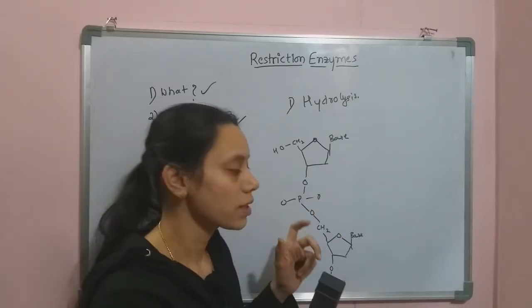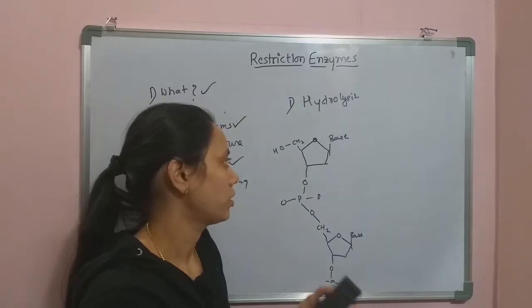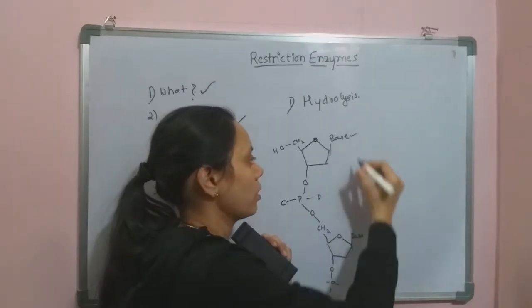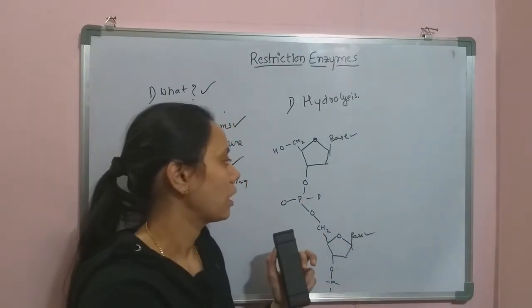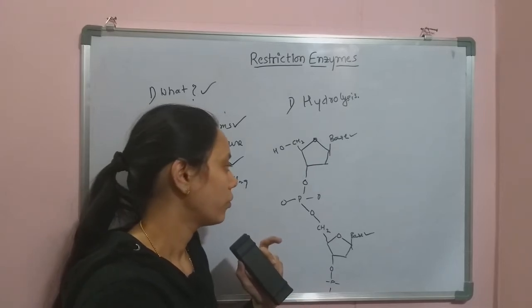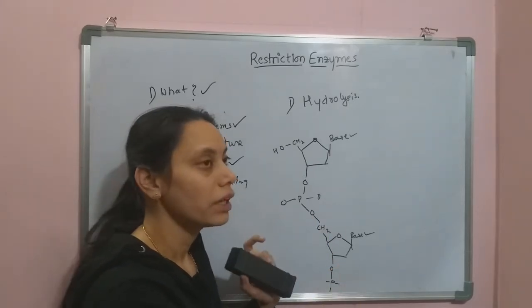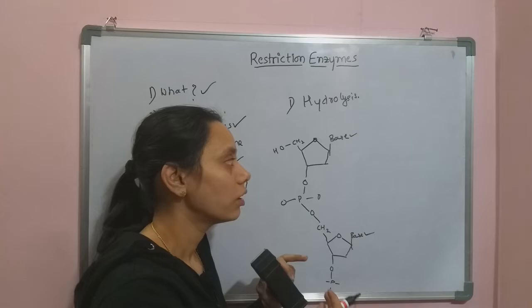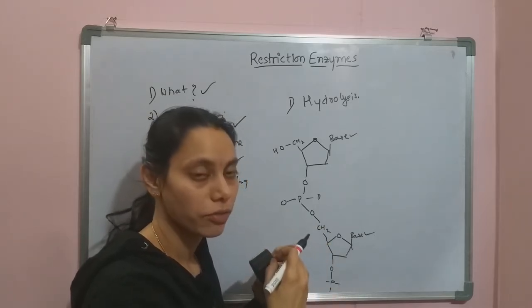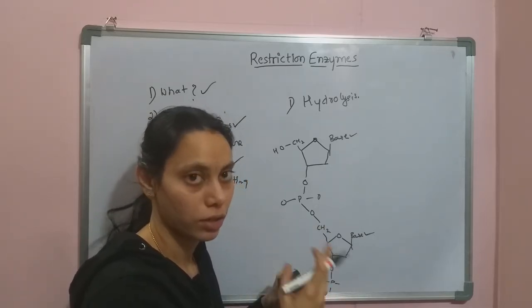So this is the structure of the DNA. That means here is a base and here is the other base, and let us consider it as the recognition site where the restriction enzyme identifies the DNA to cut.